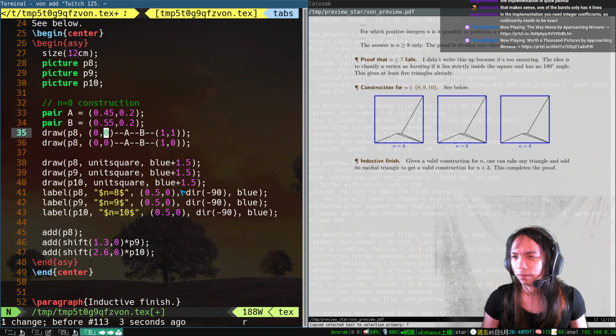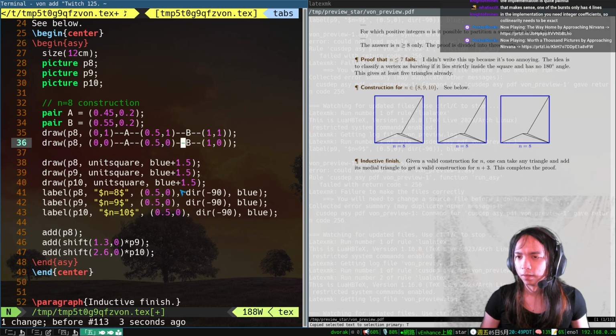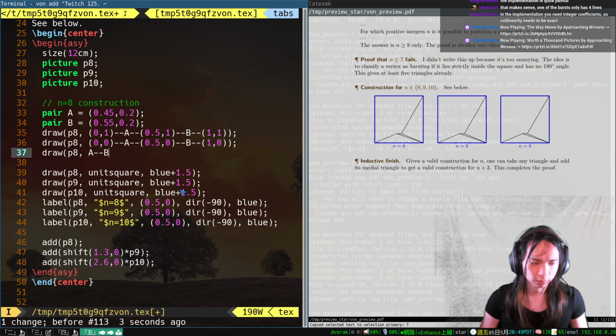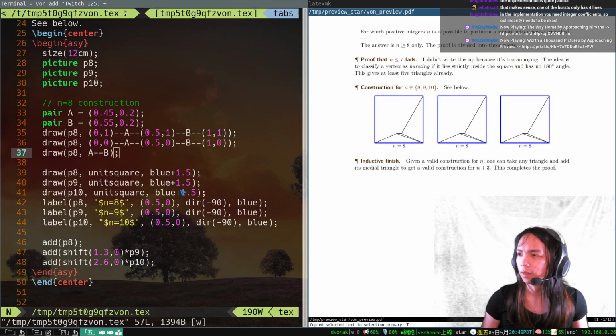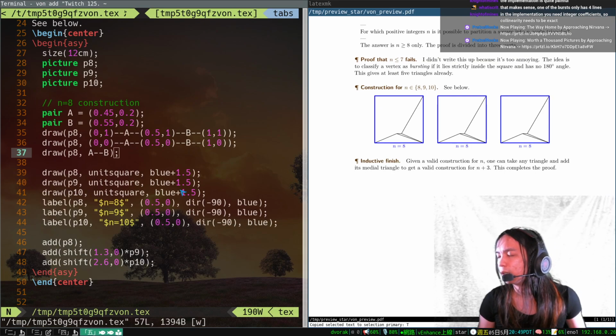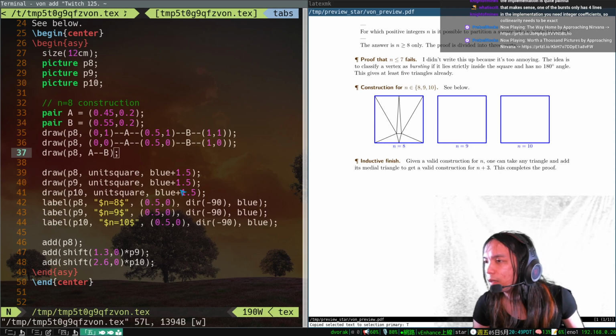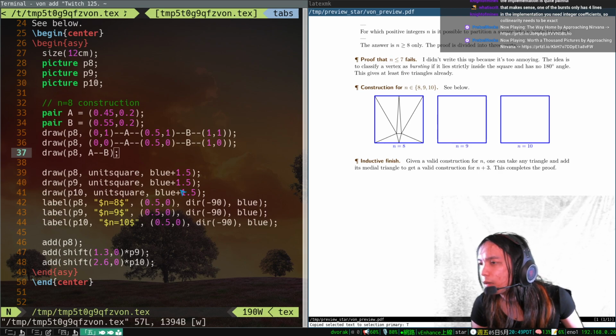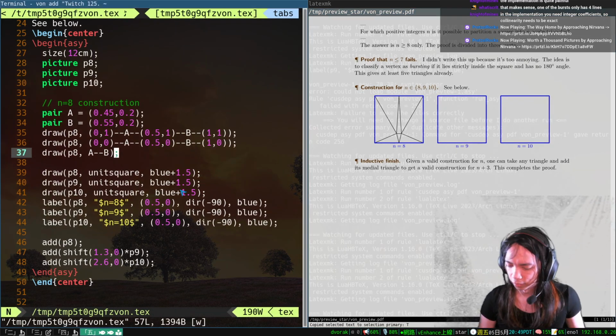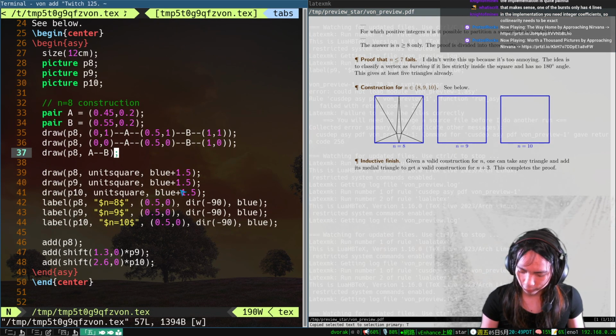This should be 0, 1, right? Ta-da! Okay, and then n equals 9 is going to be the real annoying one.